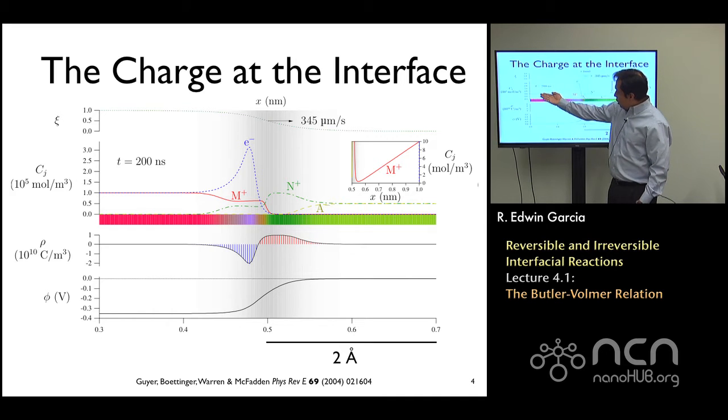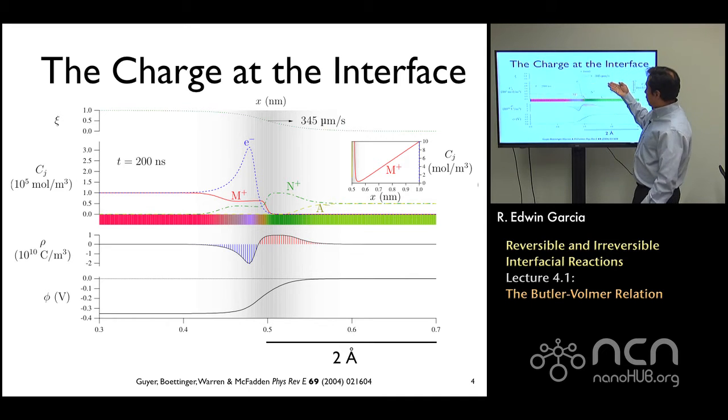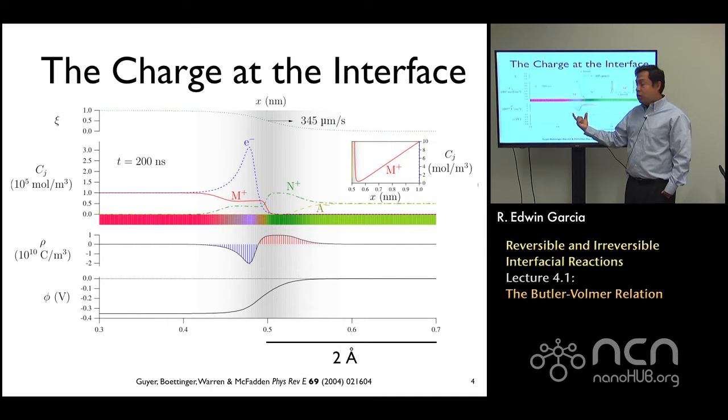In this case, the solid is on one side and the liquid is on the other, and you can see how the concentration of the different species is such that, for that model, the electrons are piling up on one side of the interface, while the cations are piling up on the other side. This induces the development of a charge interface that is going to be driving the reaction of the system.